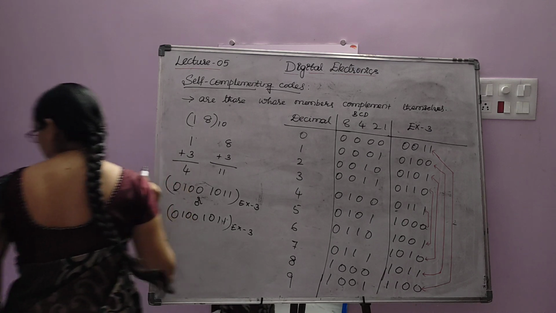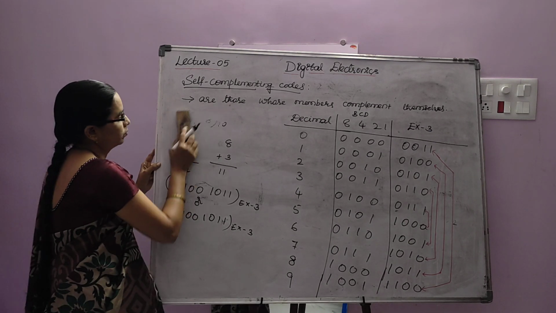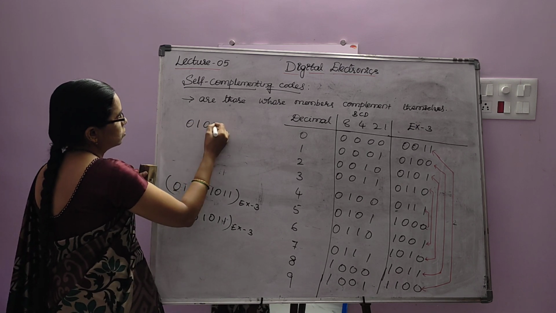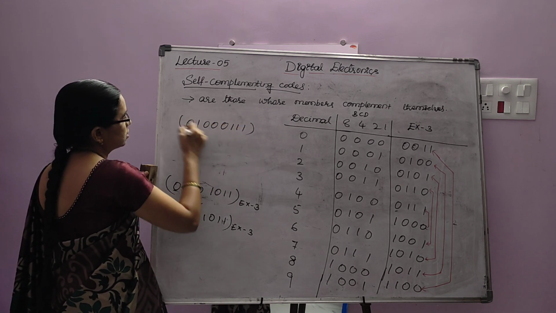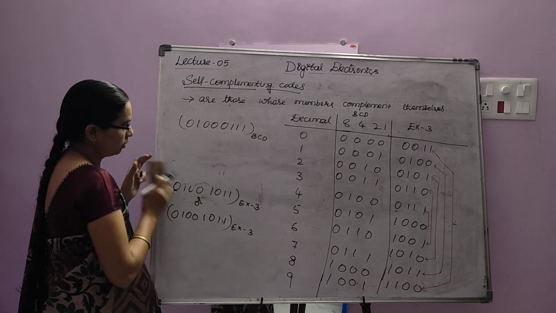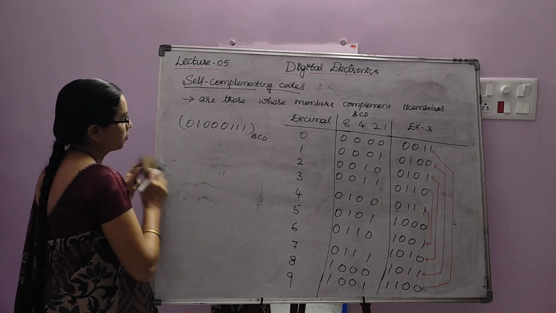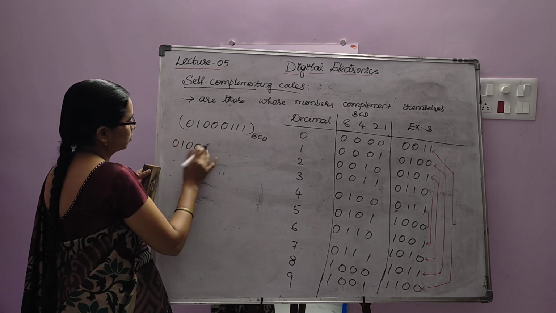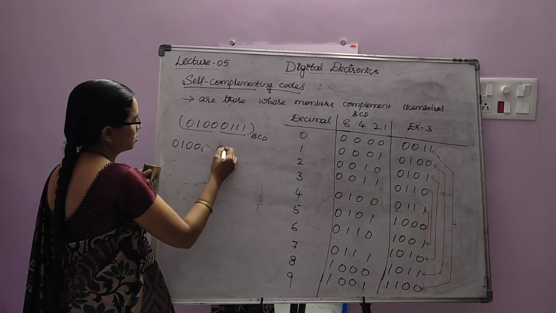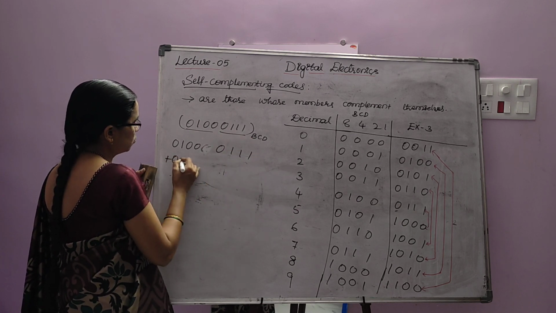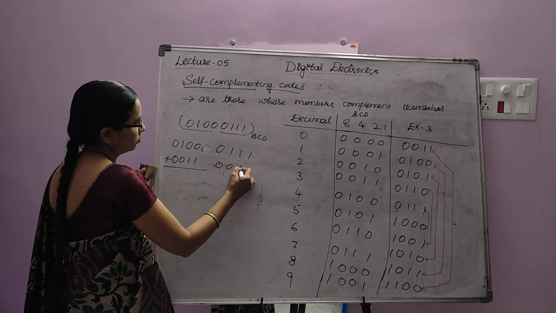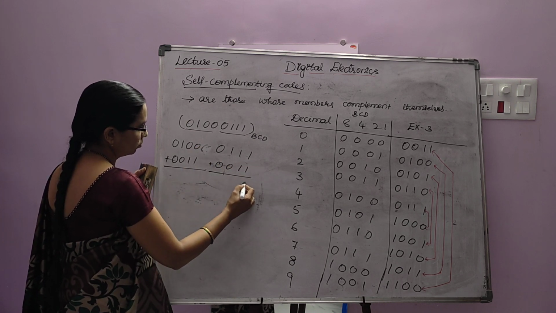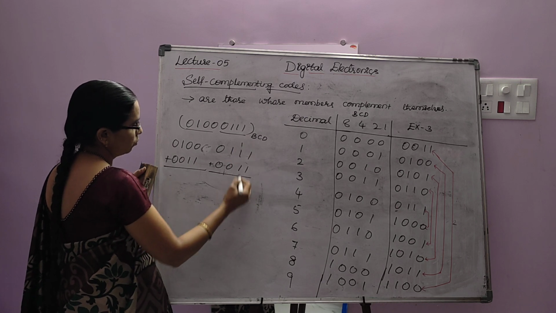One more example they have given. 0100 0111. This is the BCD code. Convert this into excess 3. You can take the group of 4 bits, add 0011 to that.